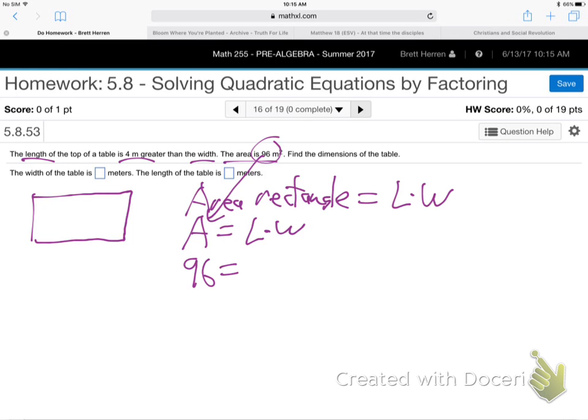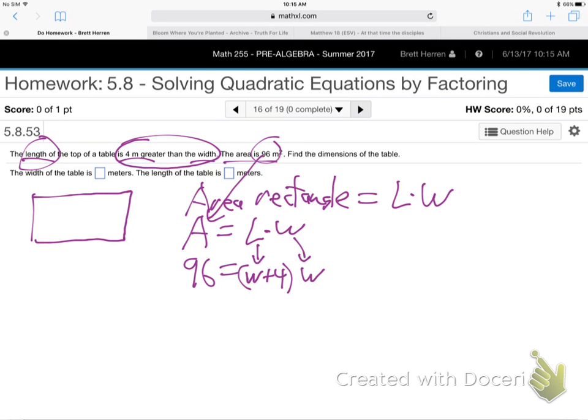Now, what am I going to do for the length and the width? Well, to make this easier, instead of using L and W, it says length is 4 greater than width. So in the L slot, I could put width plus 4. And then width is just width.